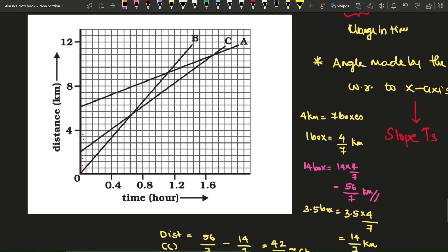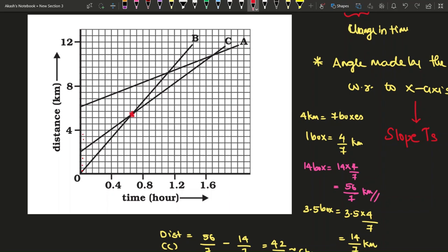B is crossing C at this particular point. When B is crossing C at this particular point, you can understand how far B traveled.